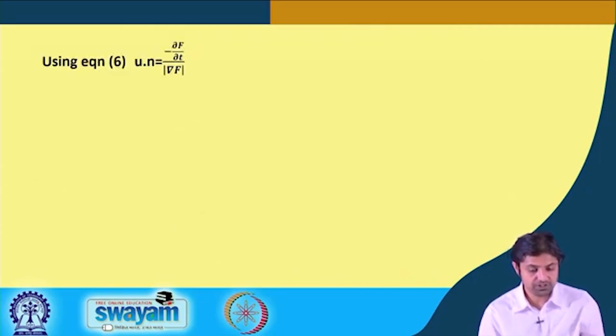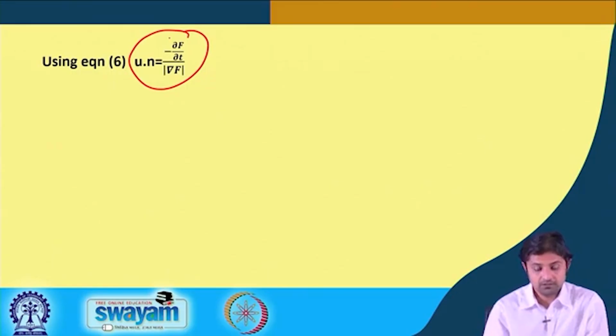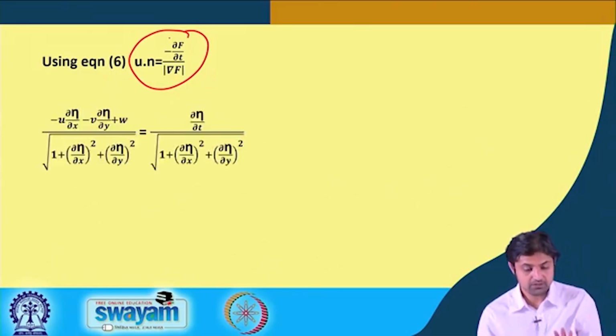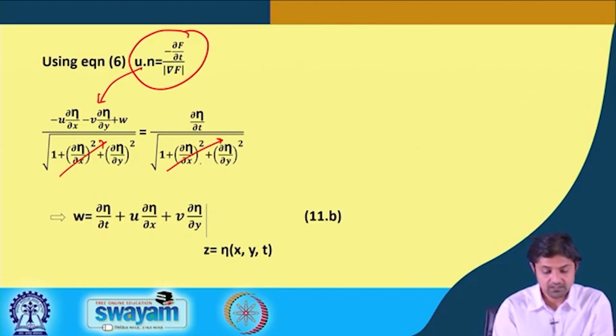Now, if we use equation 6, equation 6 was this. This is u dot n, and if we do del f del t, it will be minus del eta del t divided by modulus of del f, so this and this will get cancelled out. So we will get w is equal to del eta del t plus u del eta del x plus v del eta del y at z is equal to eta of x y t, that is, at the free surface.